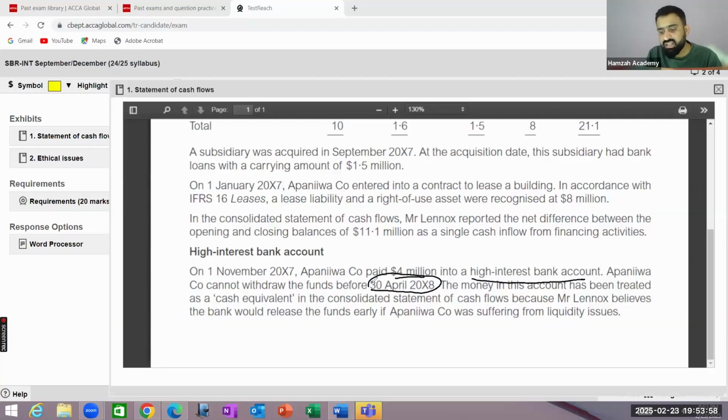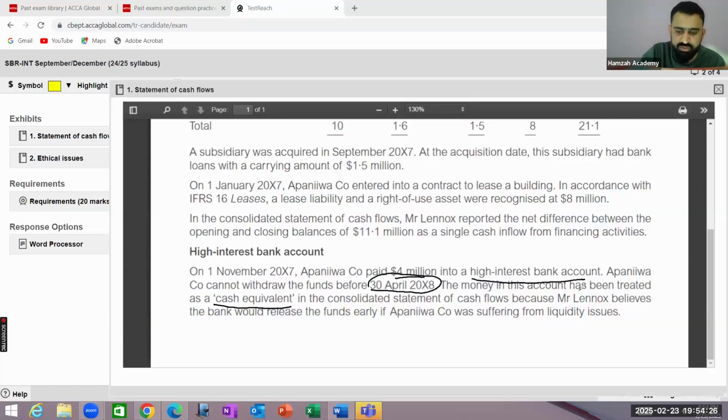The money in this account has been treated as a cash equivalent in the consolidated cash flow statement because the management believed the bank would release the funds early if the company was suffering from a liquidity issue. Now, what does it mean that they are treating it as cash and cash equivalent?